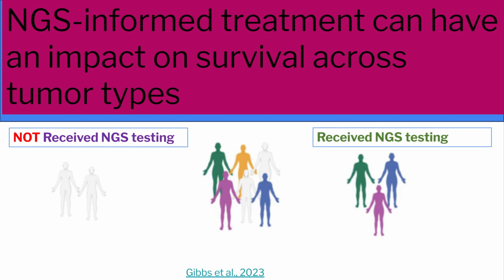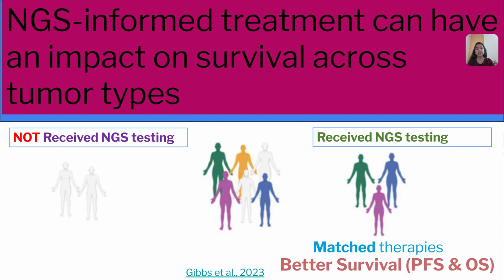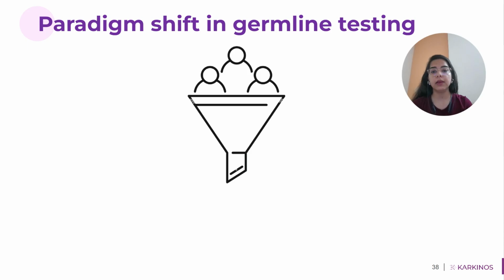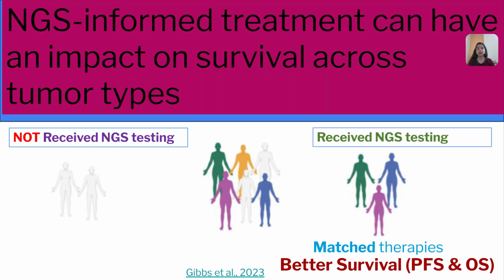And not just that, we can now have NGS informed treatment decisions, which can have a profound impact on the survival of patients, because patients that get NGS testing have a higher probability of receiving matched therapies and have shown better survival, measured in terms of PFS and OS, contrary to patients who do not receive NGS testing.